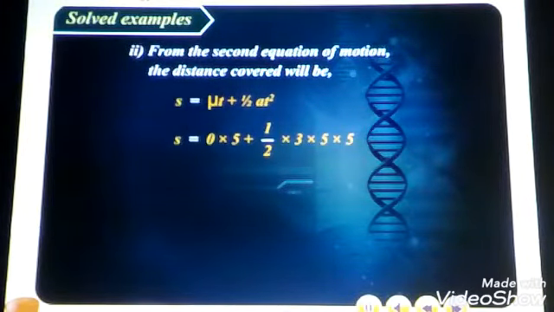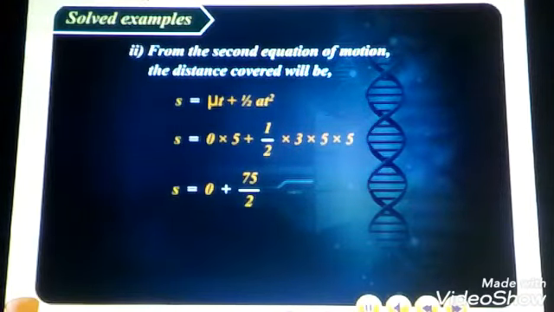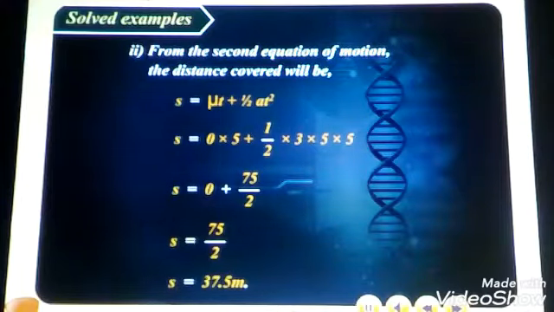S is equal to 0 into 5 plus half into 3 into 5 into 5. S is equal to 0 plus 75 upon 2, that will be equal to 75 upon 2. So here 37.5 meter.